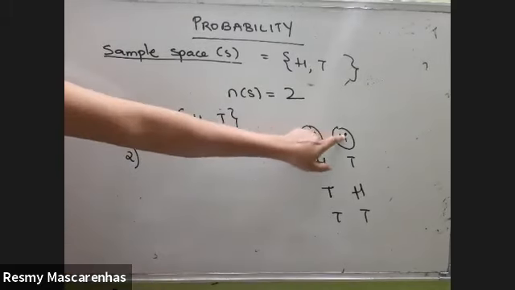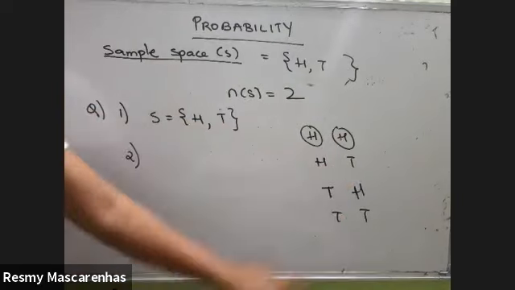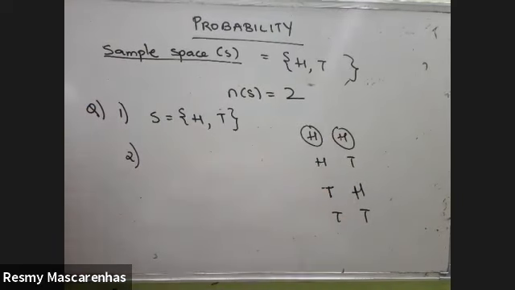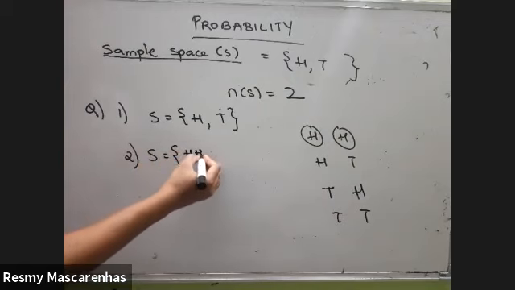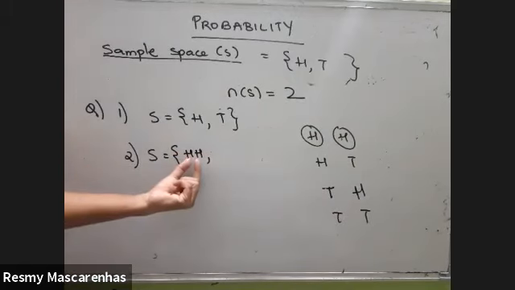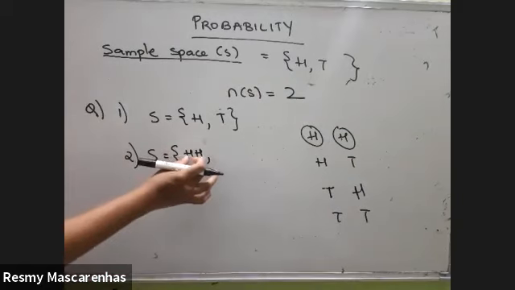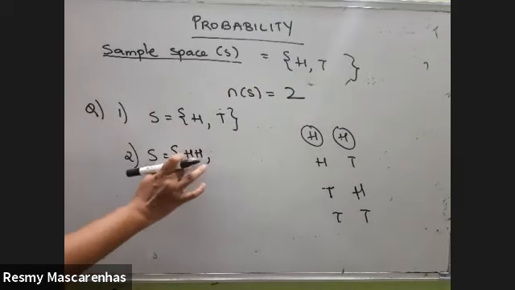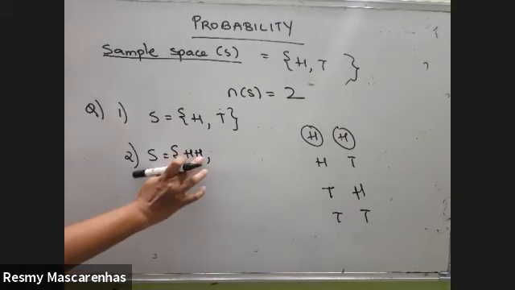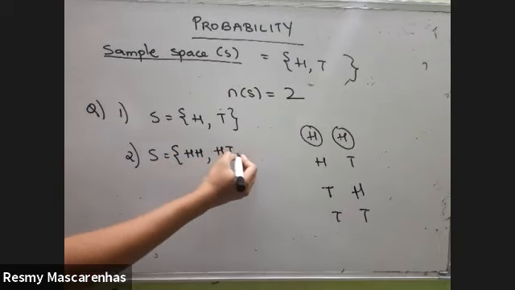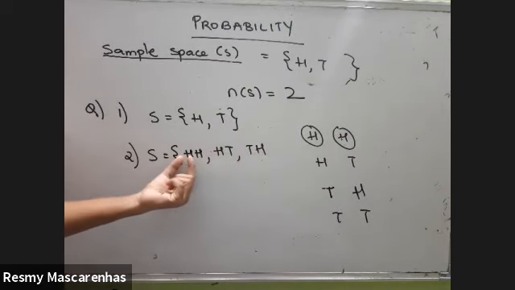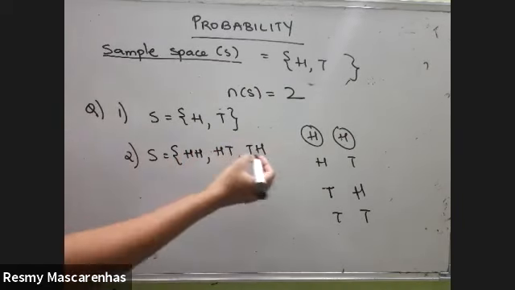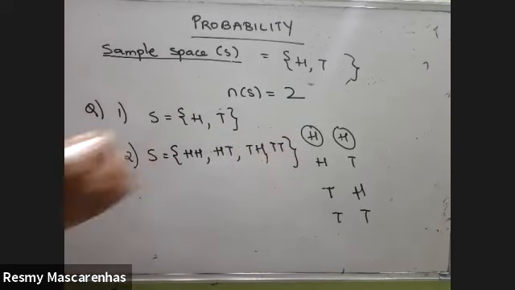So your sample space will be head-head, head-tail, tail-head, tail-tail. It doesn't matter in which order you write them. This is the sample space for 2 coins.